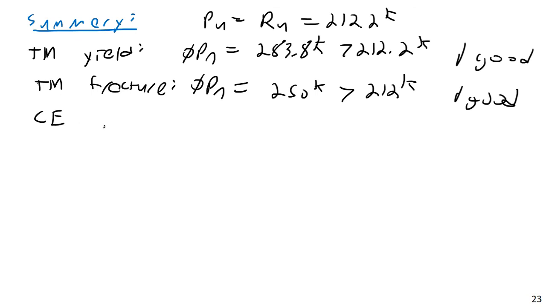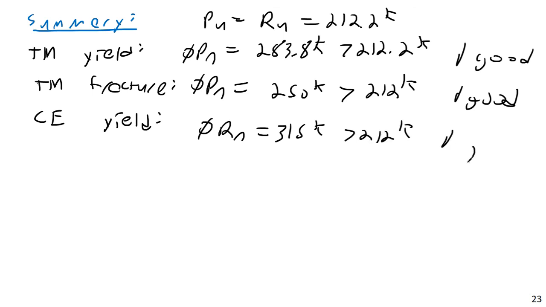Connecting elements in yield. Phi Rn is going to be equal to 315 kips, which is also greater than 212 kips, which is good as well.